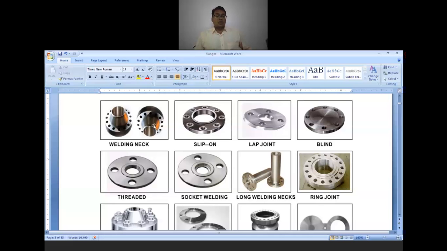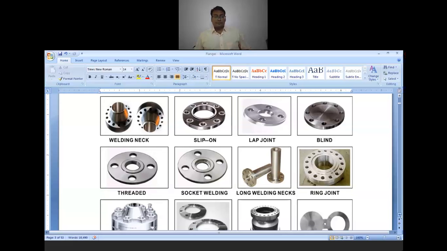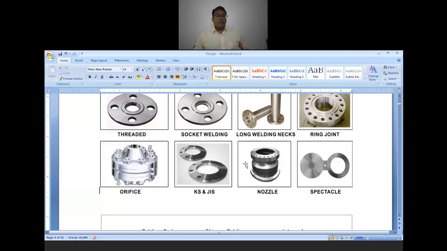Similarly, other flanges are also there: welded neck flange, slip-on flange, lap joint flange, blind flange, threaded flange, socket welding flange, long welding neck flange, ring joint flange, then orifice flange.